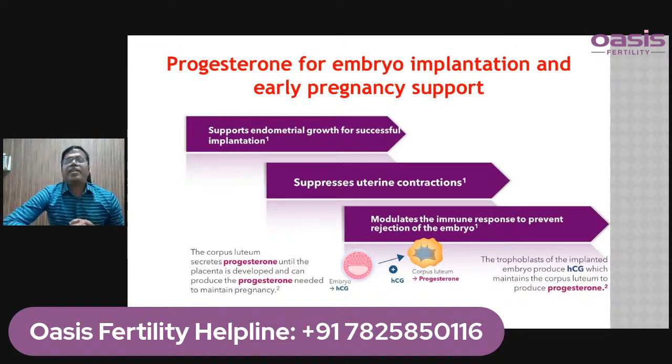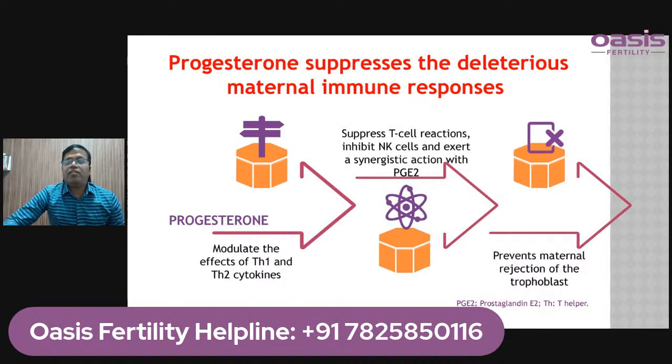Progesterone for embryo implantation and early pregnancy support is important, because it is important for endometrial growth for a successful implantation. It suppresses the uterine contractions. It has a relaxant property which inhibits the uterine contractile property, and it also modulates the immune response. If there are some immune problems in the uterus which lead to rejection of the embryos, it helps in immunomodulation.